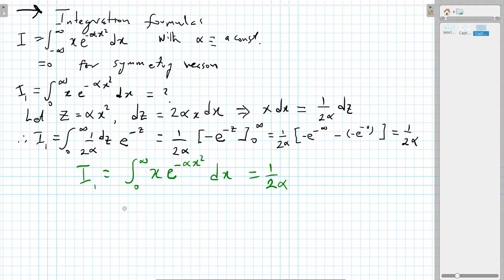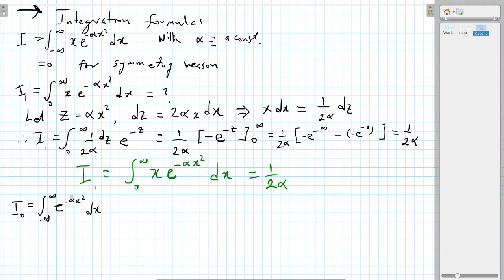Okay, so the next integration formula I would like to consider, I call it I0. So I0 is equal to the integration in this case from minus infinity to plus infinity of e to the minus alpha x squared dx.